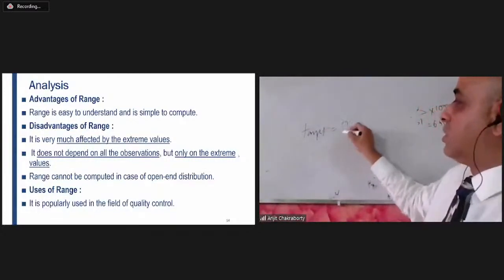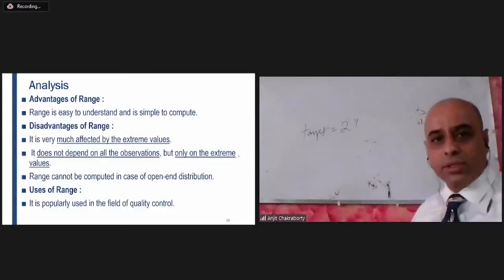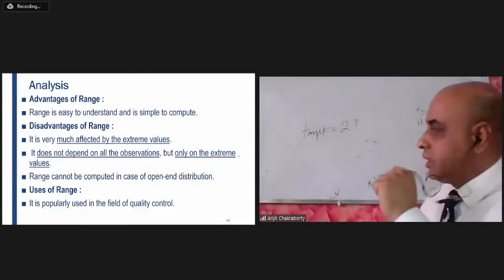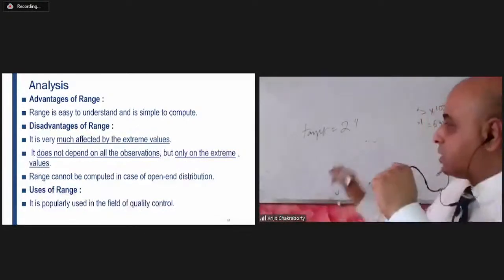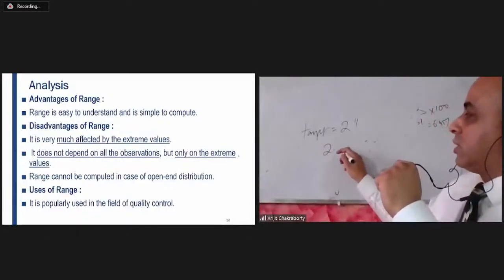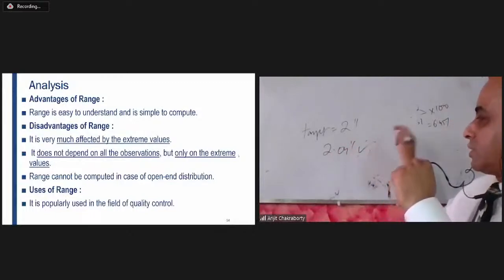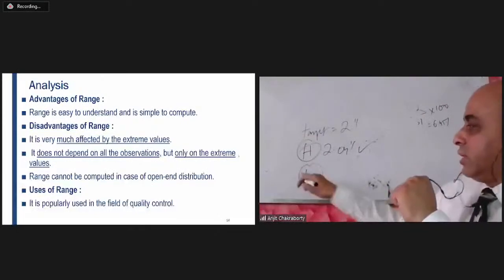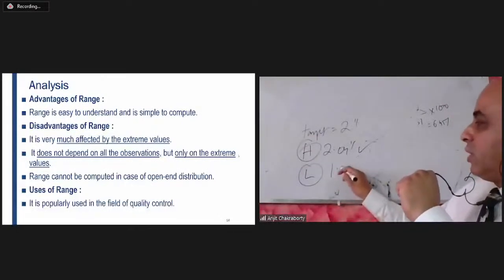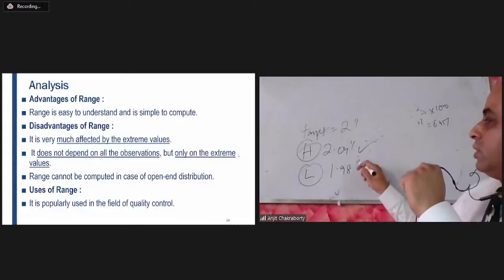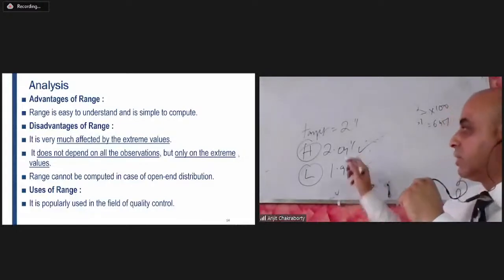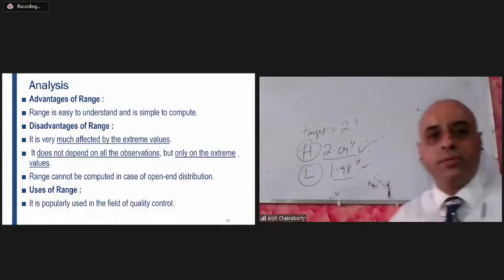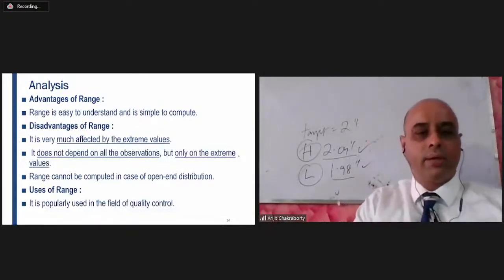The manager will say that even if a particular steel plate has 2.04 inch, we will accept it. That is the highest. And on the lowest side, if a steel plate has 1.98 inch, then also we will accept. So you get the highest and the lowest, and you get the range. So range is used in the field of quality control in production and manufacturing.